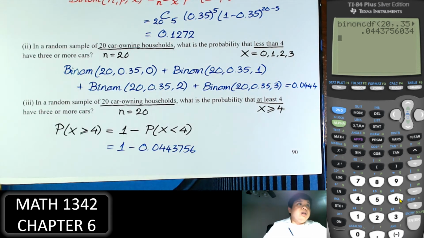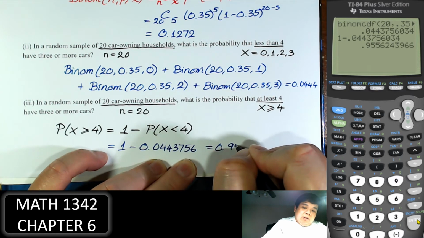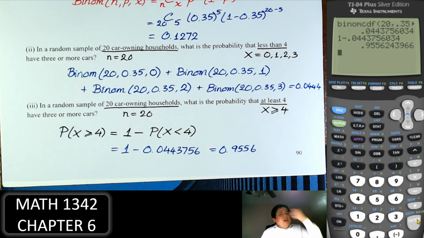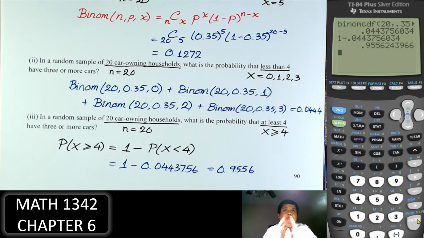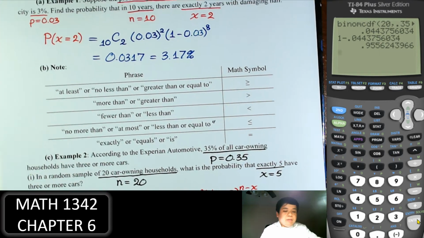So we take 1 minus this, and we have 0.9556. Right. So it's easy to find binomial PDF for one value, CDF for all the values from 0 to that number. So we have to be mindful of the wording here because that's very important.